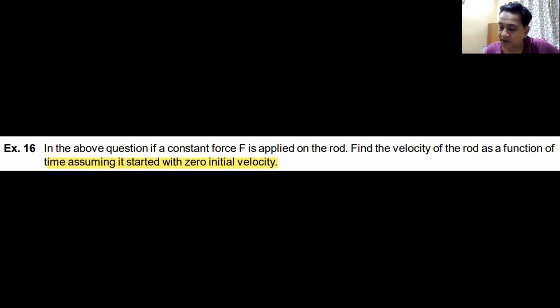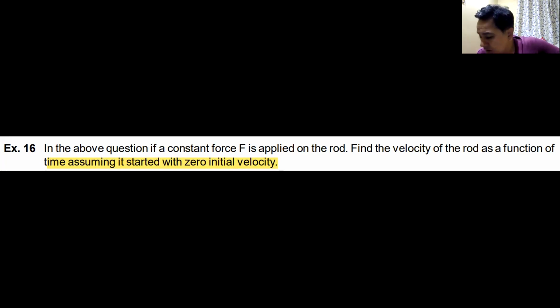I hope you understand the question, beta. The rod was at rest initially, and now I start applying a constant force F. What will be the velocity of the rod as a function of time?